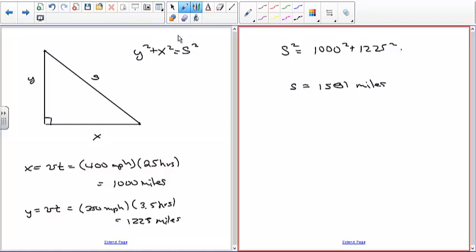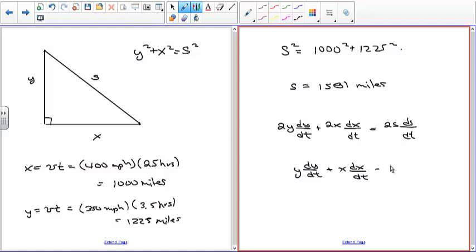Now, when we take the derivative of this Pythagorean theorem, we'll get 2y times dy/dt, and the derivative of x squared is 2x dx/dt, and the derivative of s squared is 2s ds/dt. You see the 2's cancel out, so you just remove those. And the only thing that we don't know is ds/dt.